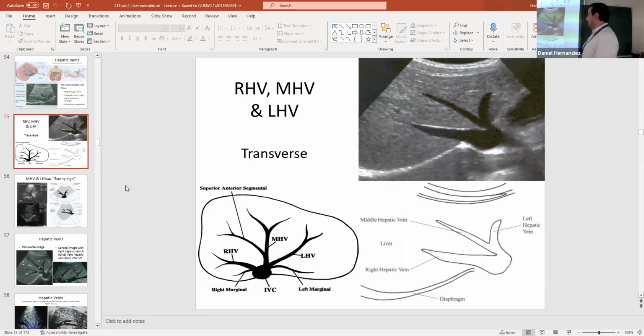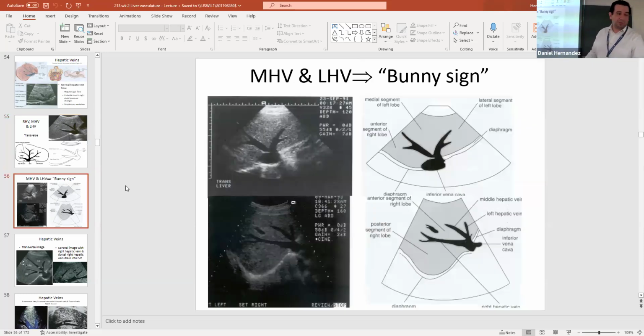With the hepatic veins, when you try to image them in transverse, you may not always see all three of them in one view. Oftentimes the middle and the left come in nice and clear, and the right one you're not really visualizing; you might have to angle out towards the right to have it come in. Sometimes we just get a view like this bunny sign where we're seeing the middle and the left hepatic veins.